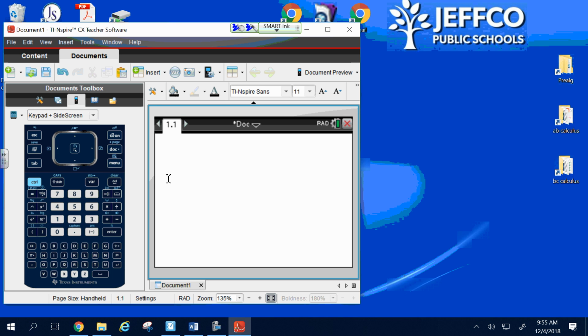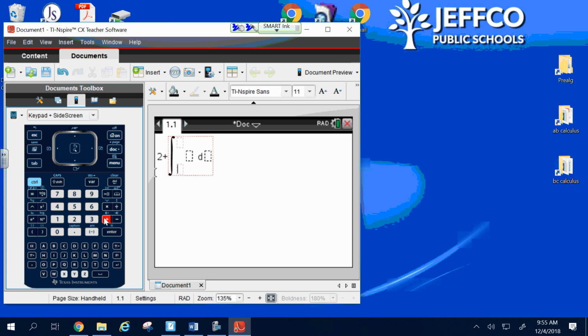Okay, so 2 plus the integral from 0 to 1 of 2t plus 3 minus, what's the new rate? 6t minus t squared.